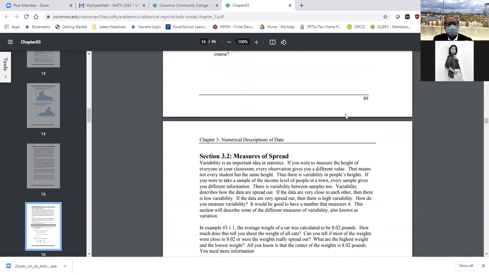Yeah, so this 3.1 is talking about the measure of center, okay? And 3.2 we call measures of spread. Okay, so like how far the spread of the data or the distribution.